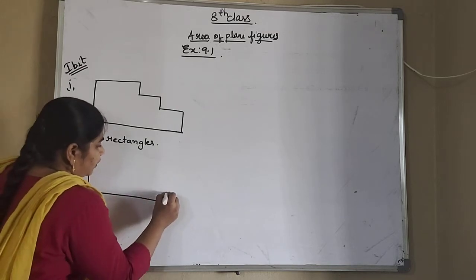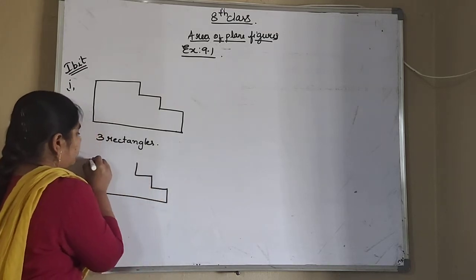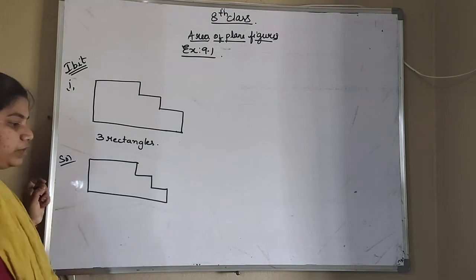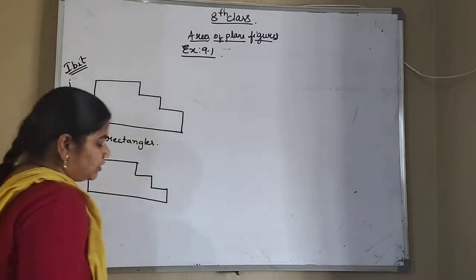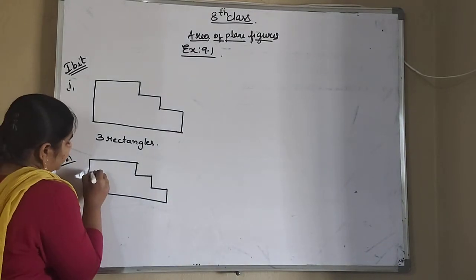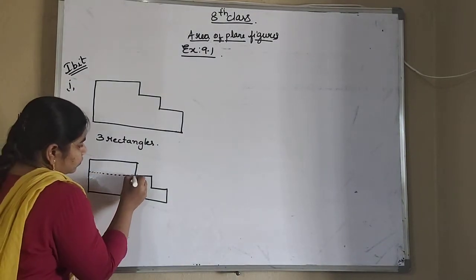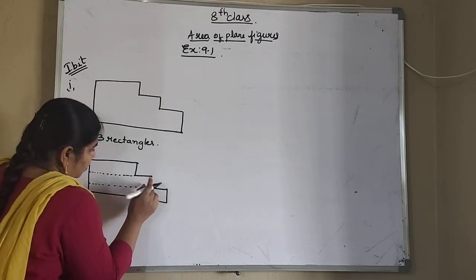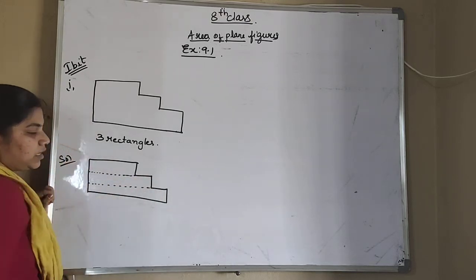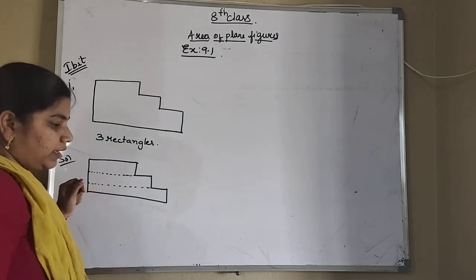So this is the given figure. This one we have to divide into three rectangles. So how to divide this into three rectangles? See this, I am drawing one line here. This is the first rectangle, second rectangle, and this is the third rectangle. So I am writing the names now.